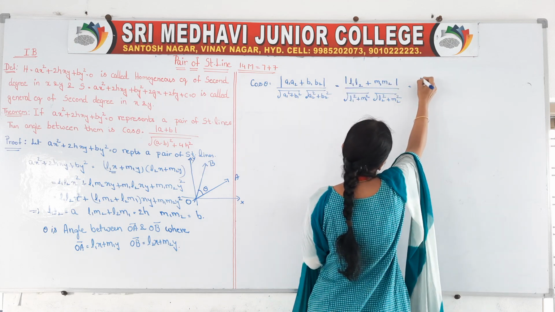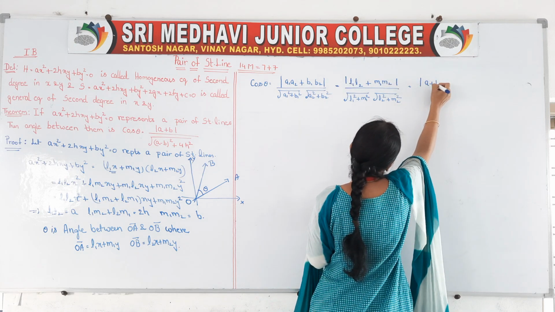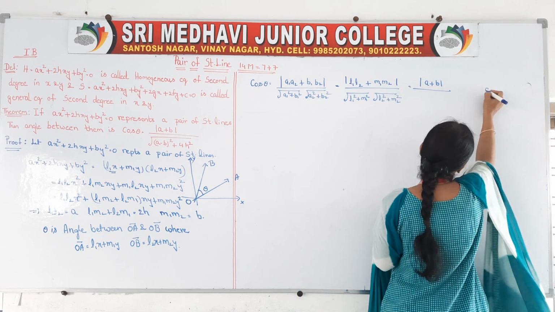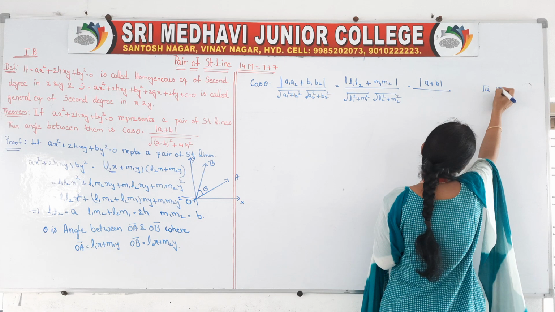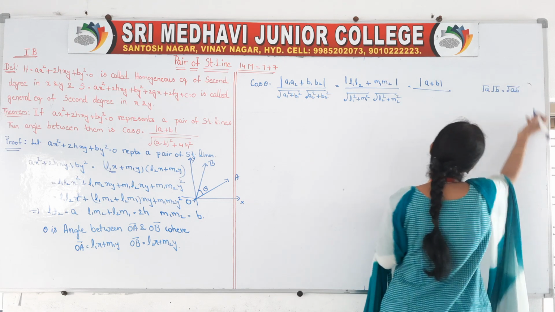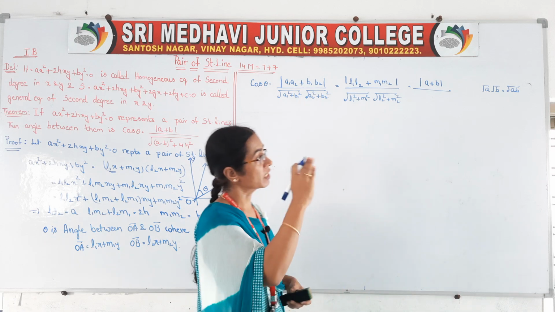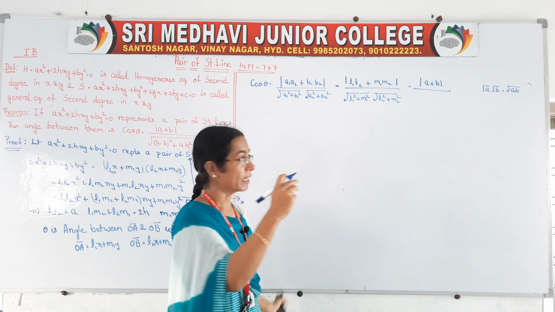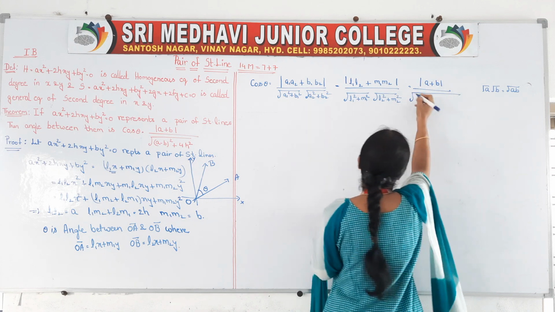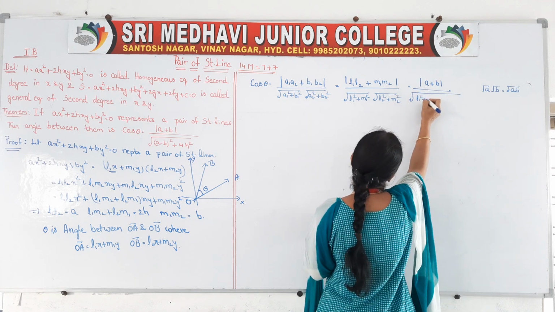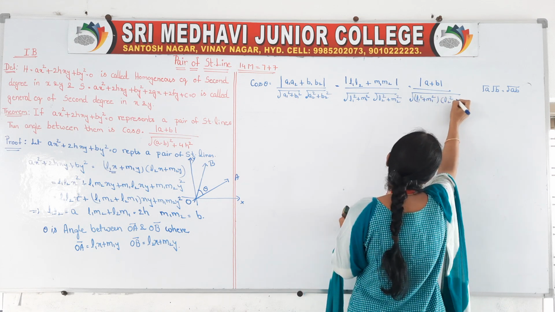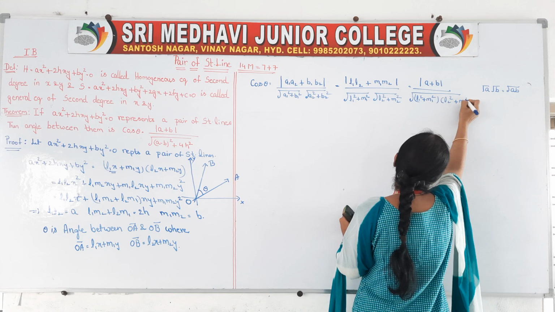So it is modulus of A plus B by root A into root B, which is equal to root of A into B. If both are having same power, we can take combinedly.